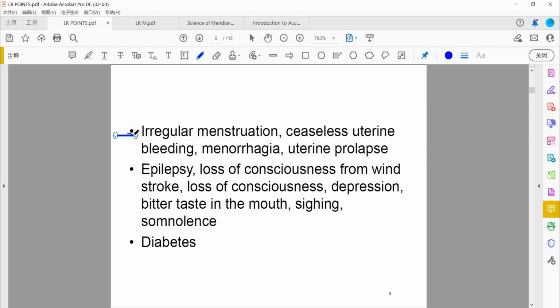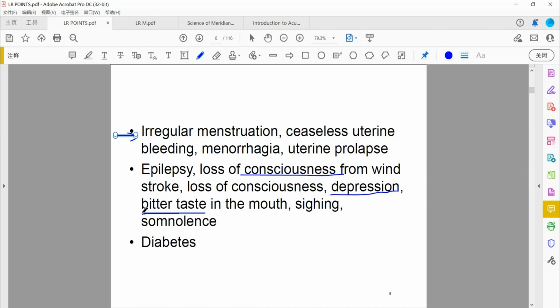Irregular menstruation, ceaseless uterine bleeding, menorrhagia, uterine prolapse, menstrual problems. Epilepsy, loss of consciousness, very good for consciousness. Depression, like liver depression. Bitter taste in the mouth.